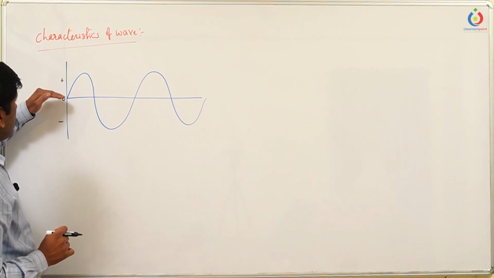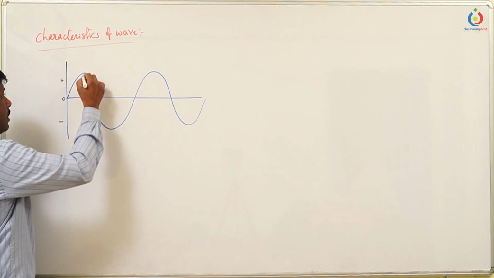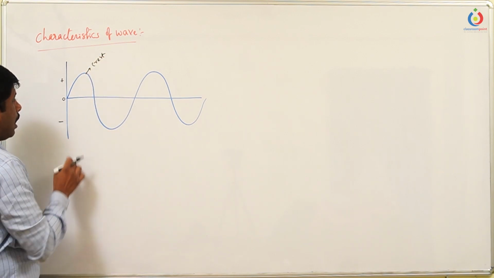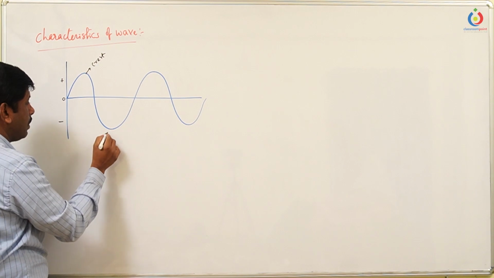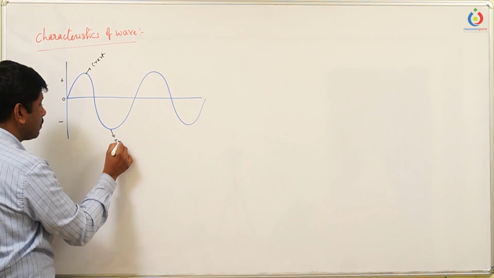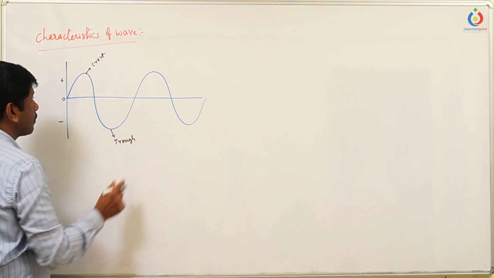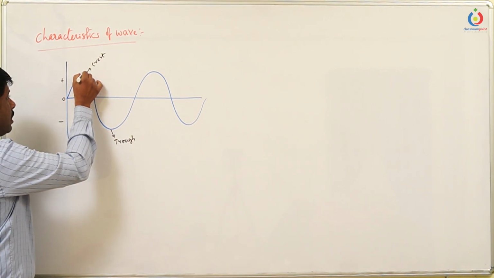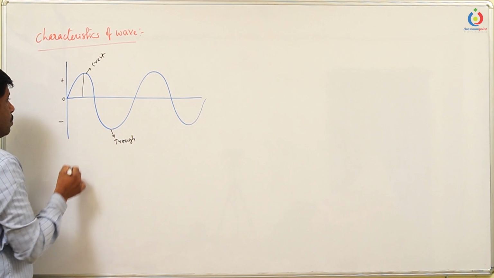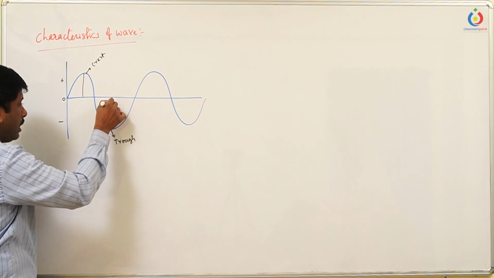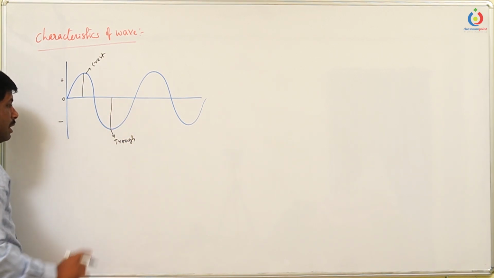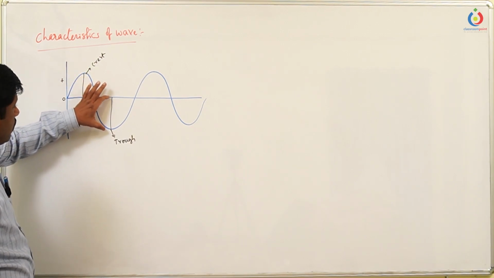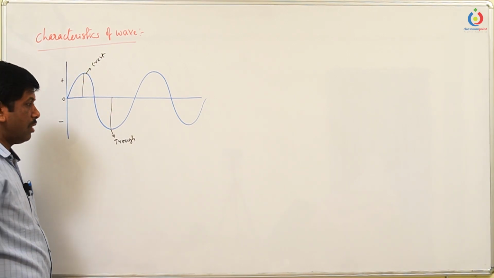The positive displacement of the wave is known as the crest. And the negative side displacement of the wave is known as the trough. You must remember that the extent of deviation towards the positive side must be equal to the extent of the deviation towards the negative side. That means the height of the crest is always equal to the height of the trough.